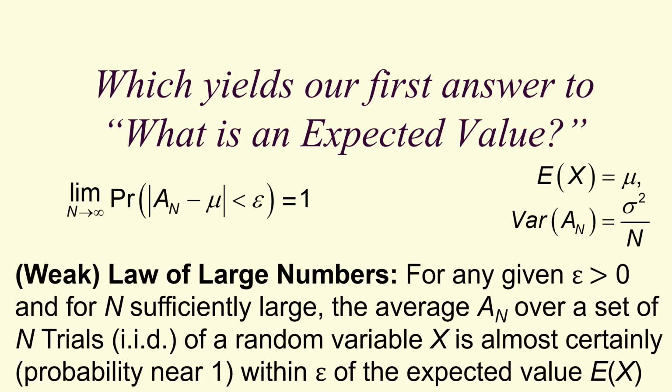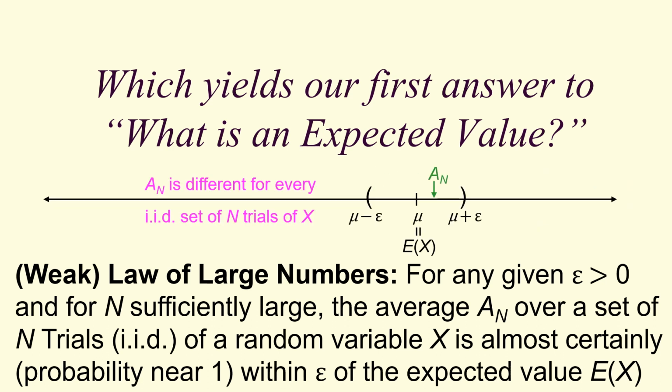And that's what's known as the weak law of large numbers. For any given epsilon greater than 0, for n sufficiently large, the average over a set of n trials of a random variable is almost certainly, in other words, with probability very close to 1, within epsilon of the expected value E of x.